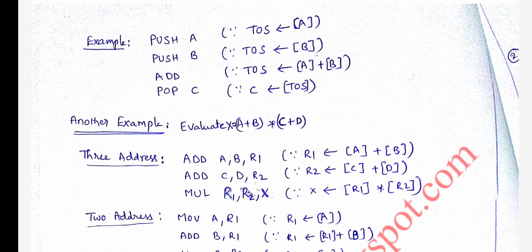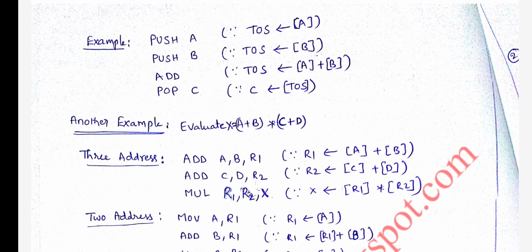Hope you observe the difference of 3 address, 2 address, 1 address and 0 address. All these instructions are doing the same thing, that is addition of A plus B and storing the result in C. But based upon the type of the instruction format, the instructions vary. Right?